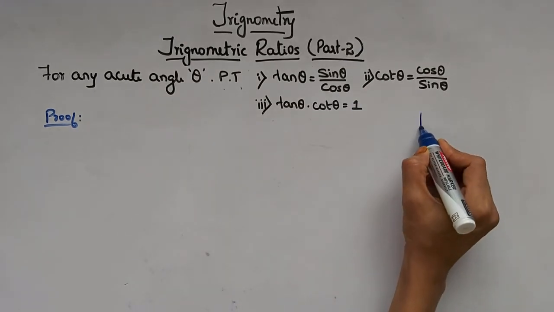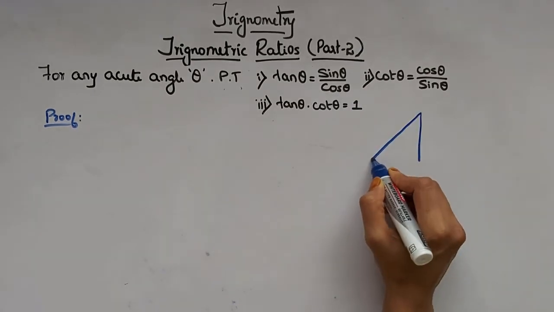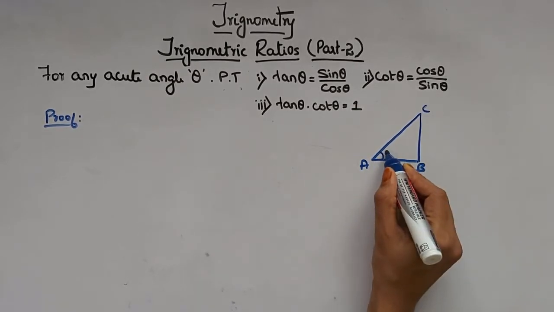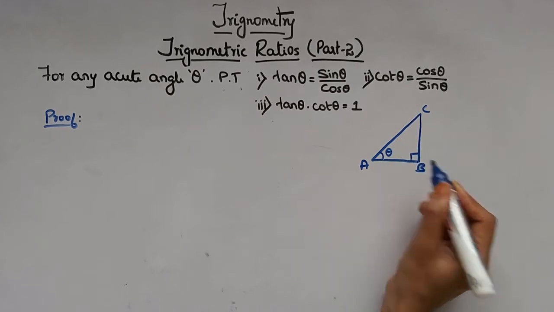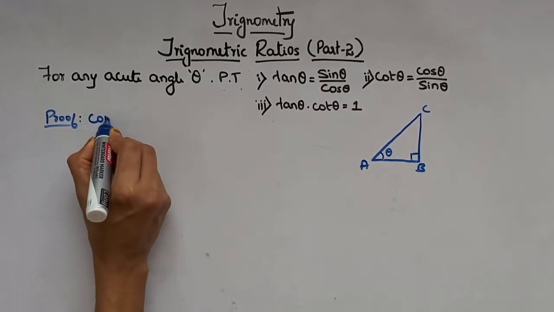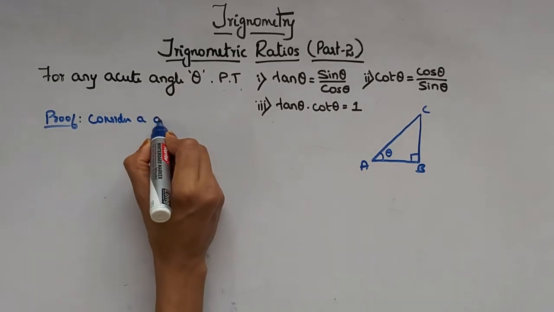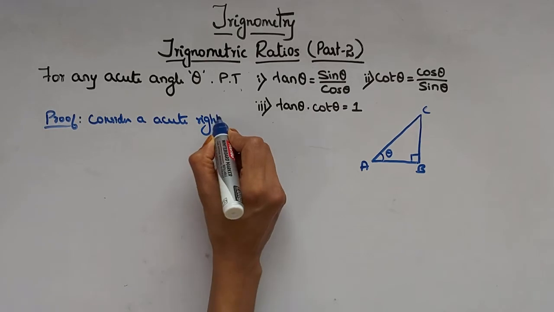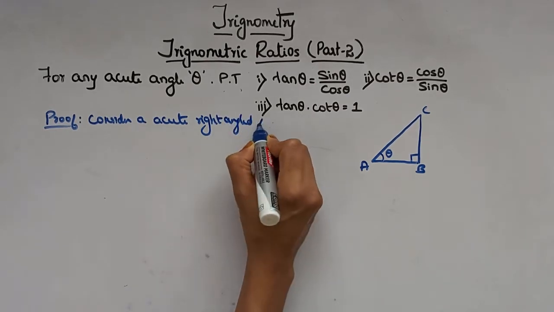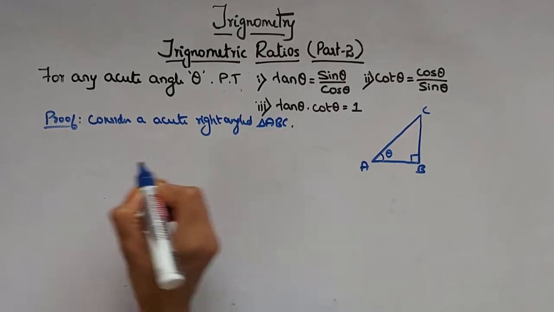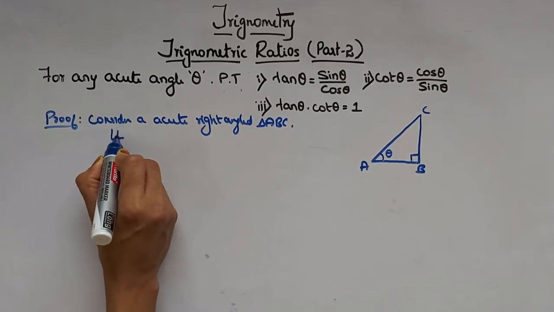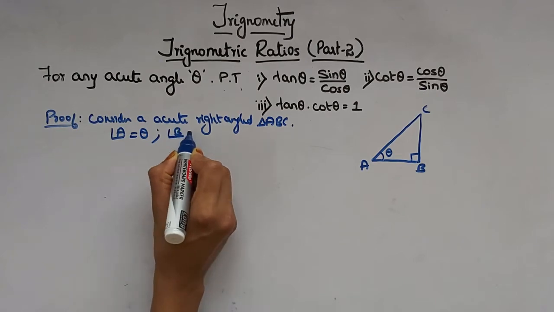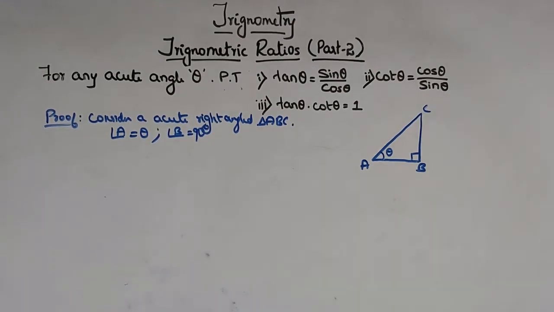So first let's consider an acute right angle triangle ABC, where angle A is theta and angle B is 90 degrees, right?